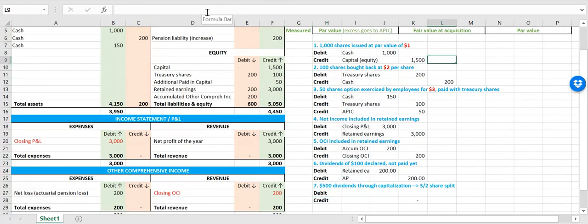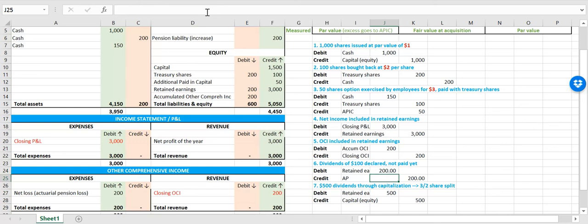So don't mind this. What happened is capital went up, right? By how much? By 500. And just as in normal dividend payments, this comes from retained earnings.